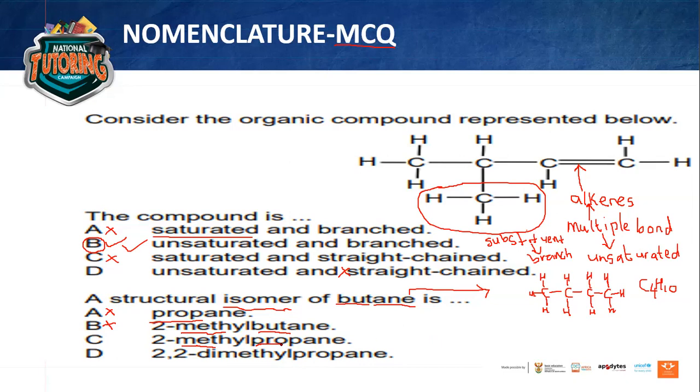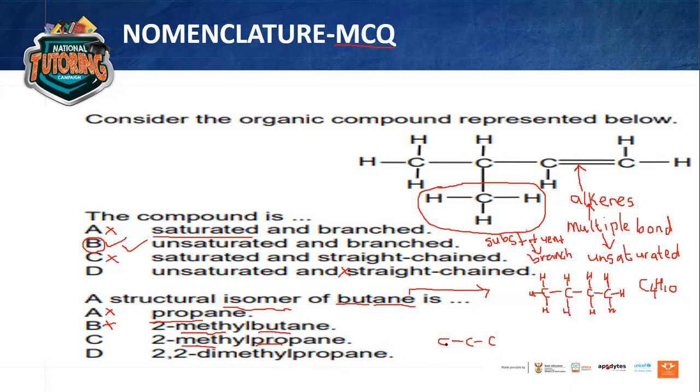So 2-methyl-propane, the longest chain without breaking is prop, 3 carbons: 1, 2, 3. So I'm starting with the parent chain, 3 carbons. And then I see I have a methyl substituent and it's on carbon 2.